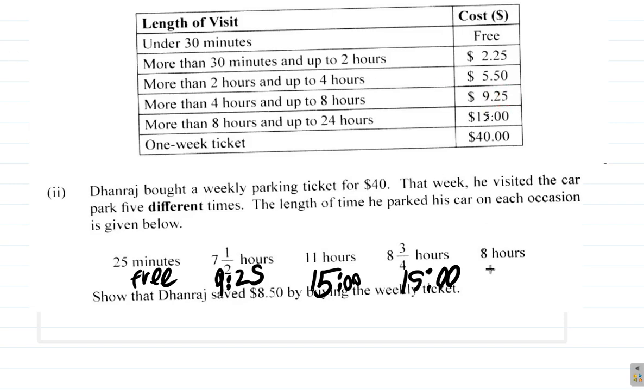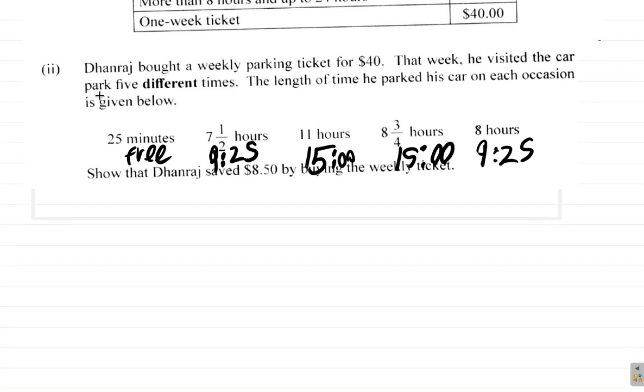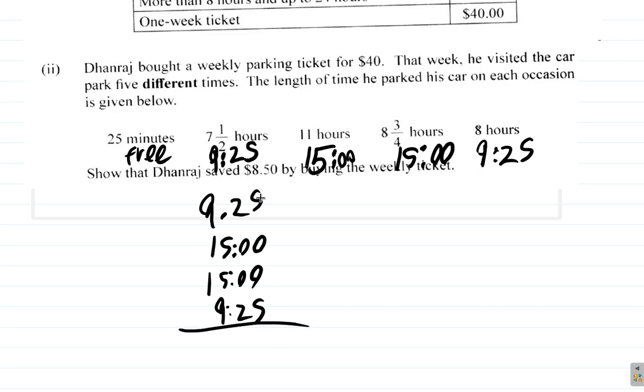So he paid $9.25. Alright. How much would he have to pay in total? Let's see. $9.25 plus $15 plus $15 plus $9.25 again. Could use a calculator and just add them up.